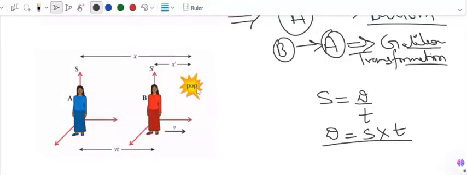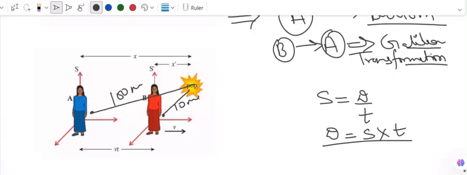From this position it is happening at 10 meter, from this position at 100 meter. They must have some frame of reference, then only they can measure these events.